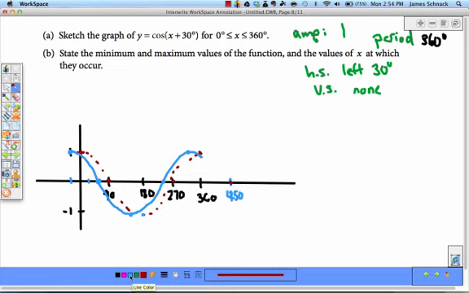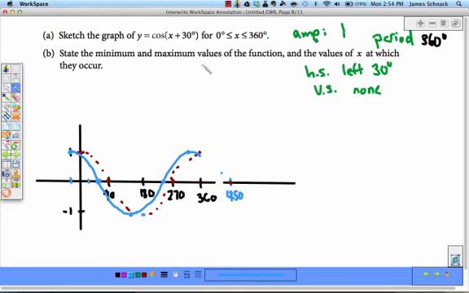So my blue curve, my actual curve, goes 30 degrees back. I'm just going to extend my cycle so that I hit the requirements of going from 0 to 360. If you give a little bit extra on your graph, that's okay. You never want to fall short when you're given a specific domain. If you want it to be precise, you could come back and erase this part and say, I don't really care about that much. I'm going to erase that.